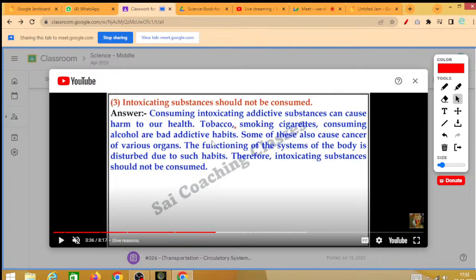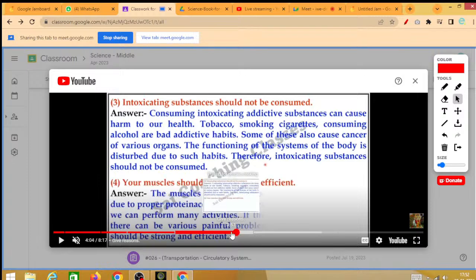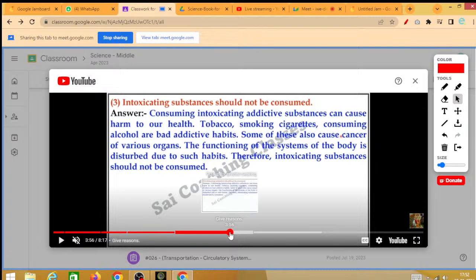The functioning of the system of the body is disturbed due to such habits. Therefore, intoxicating substances should not be consumed.